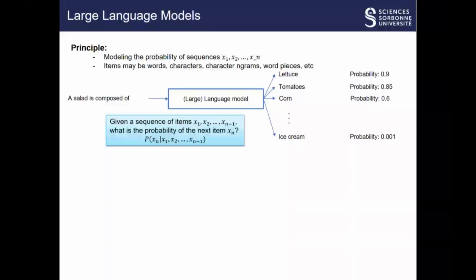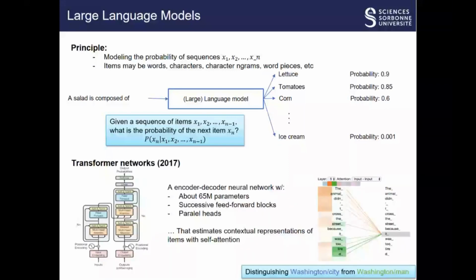end this sentence. And for doing that, the backbone architecture is the transformer network, which is a huge encoder-decoder with different successive feed-forward blocks and also parallel heads. And in the transformer, we have something quite interesting, which is called self-attention.